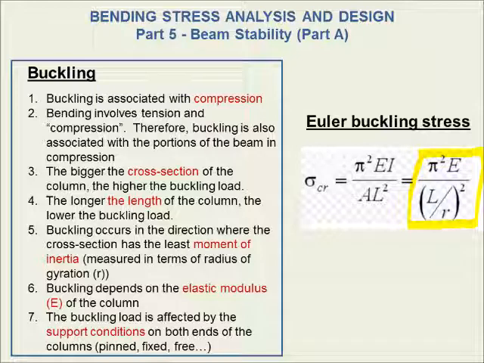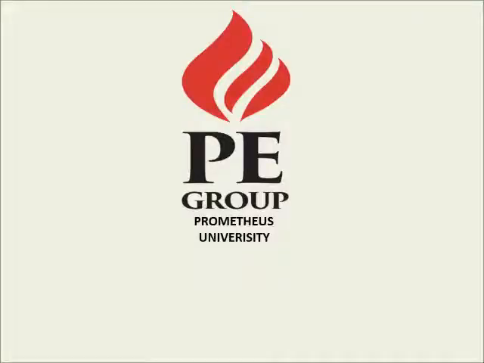But by looking at this, we can understand that at some point there will be a buckling stress that is reached, right? And that this compression portion of the beam will buckle. And that we will explore when we explore lateral torsional buckling in the next video.